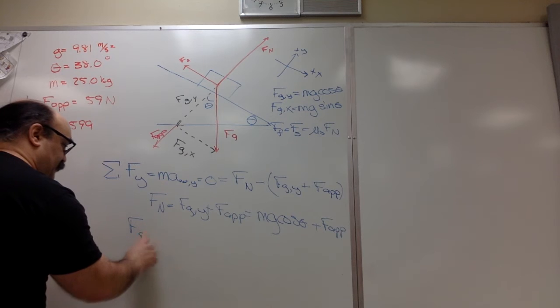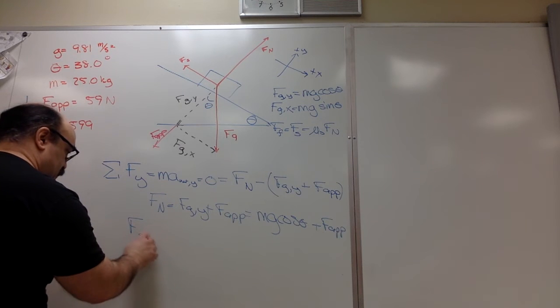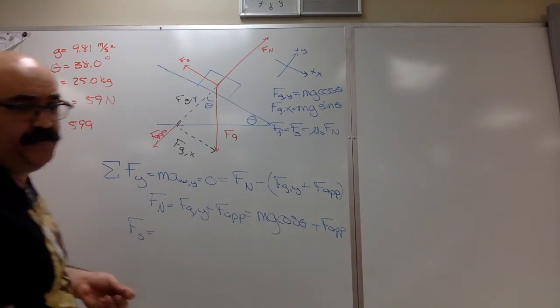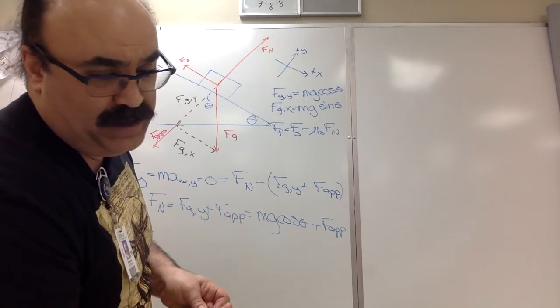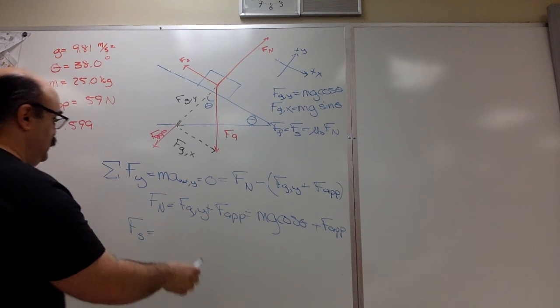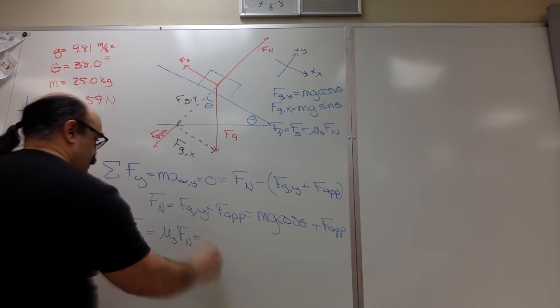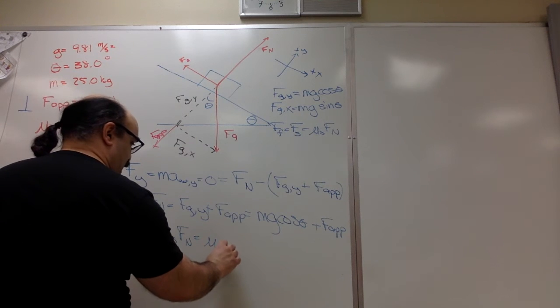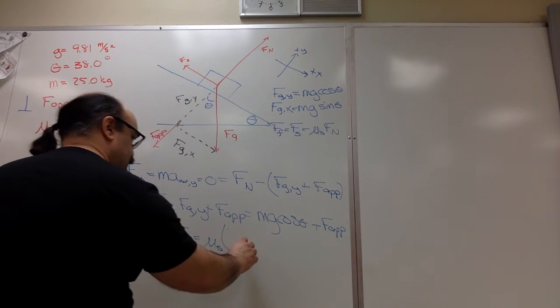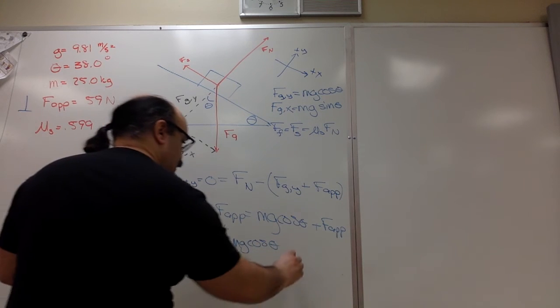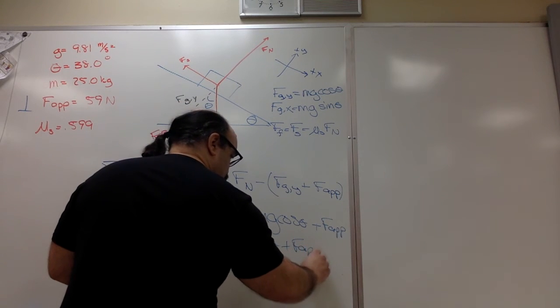And what do we know? That the frictional force, which is what we're trying to find, that's what we're being asked for. We're asked to find the magnitude of the frictional force, which must be mu sub s F sub n. So that's going to be mu sub s times mg cosine of theta plus the applied force.